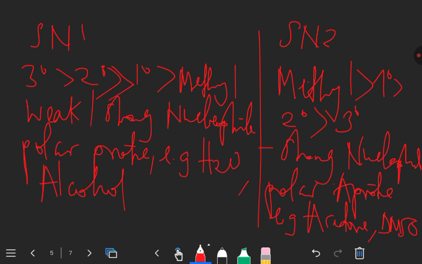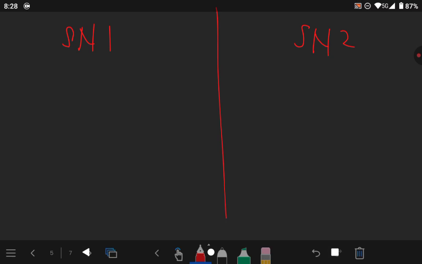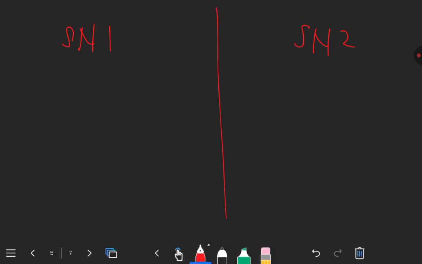Then, when you're talking about the stereochemistry of nucleophilic substitution second order and also first order, the table continues here: SN1, SN2. One thing we should understand here is that for SN1, there is what is known as racemization.